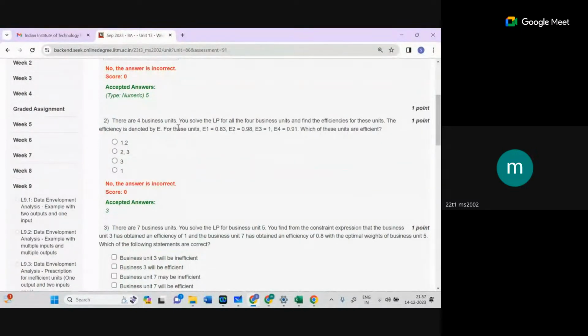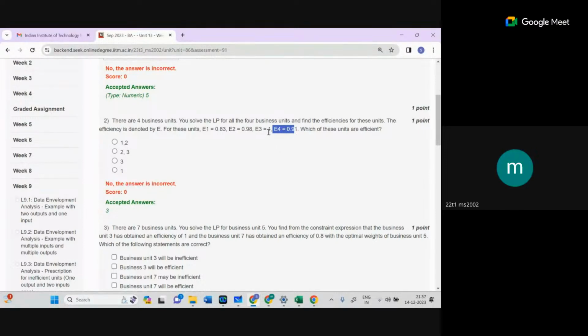Okay. So there are 4 business units. You solve the LP for all 4 business units and find their efficiencies, denoted by E. E1 is 0.83, E2 is 0.98, E3 is 1, E4 is 0.91. Which of these units are efficient? Generally, if the efficiency is 1, these are highly efficient DMUs. The others are not 1, which means they have scope for improvement.